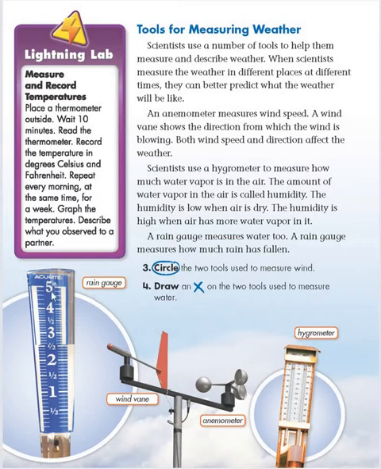Also here we have another tool which is used to measure the amount of rain or the amount of precipitation that falls from the clouds. It's called a rain gauge. Then the last tool we studied is the barometer.